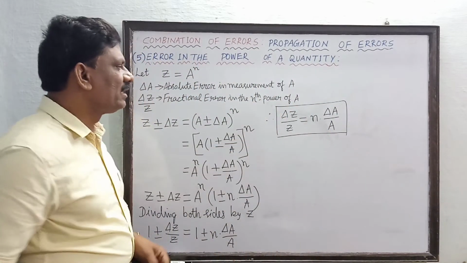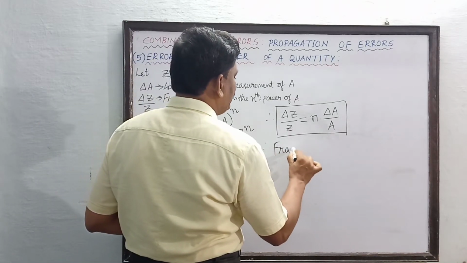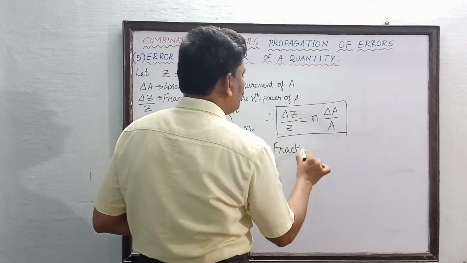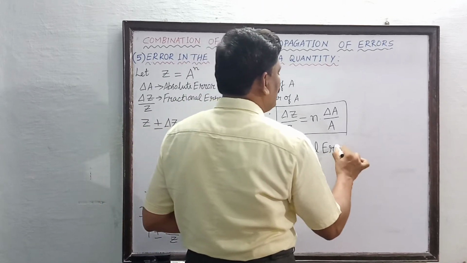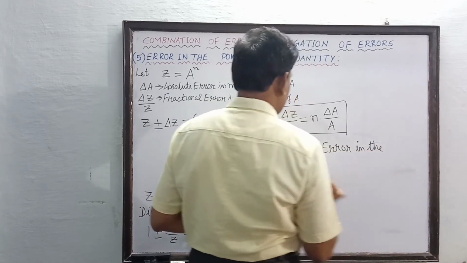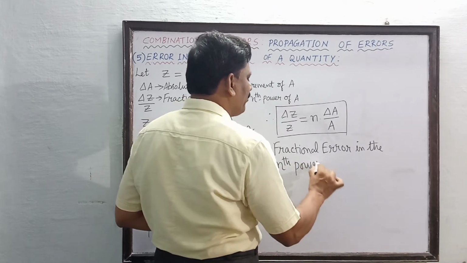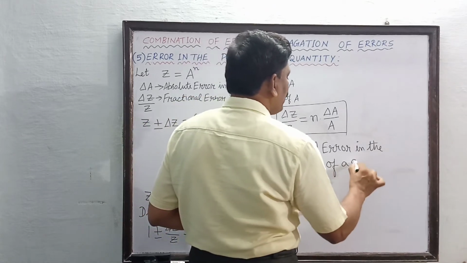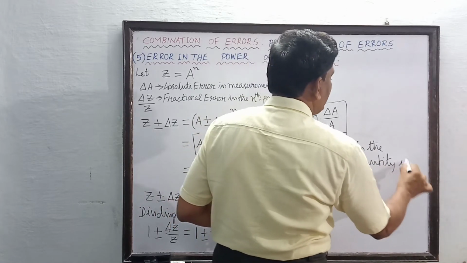Now you see here the fractional error delta Z by Z is the fractional error in the nth power of A, or the nth power of any quantity. What is it equal to?